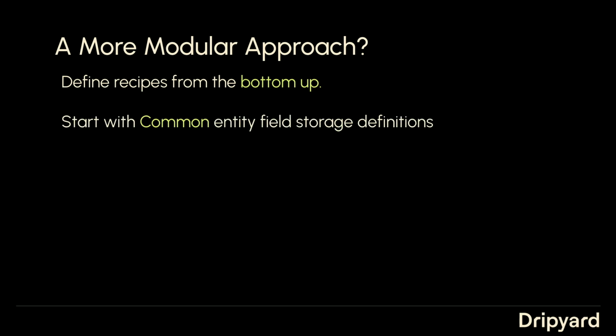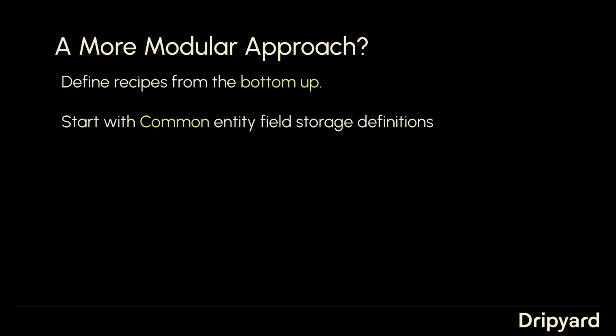To do that, we start with common entity field storage definitions. If you're familiar with how Drupal works, it has a field storage, which basically defines the field, how it's stored in the database, and then there's a field instance, which is how it is attached to a node type. For our example, we started with the field storage definitions.